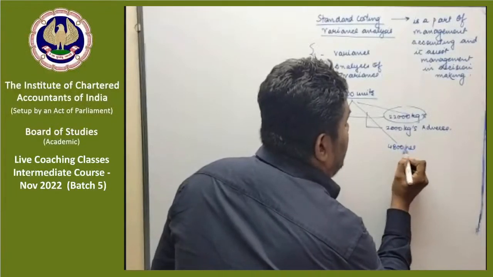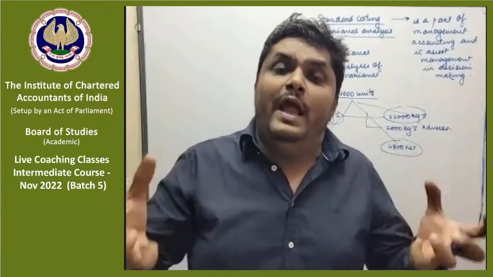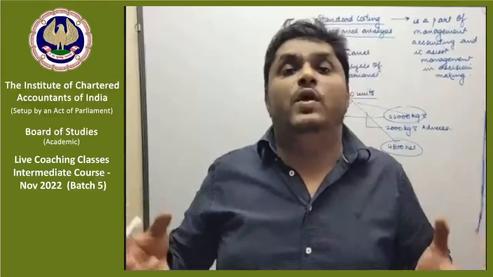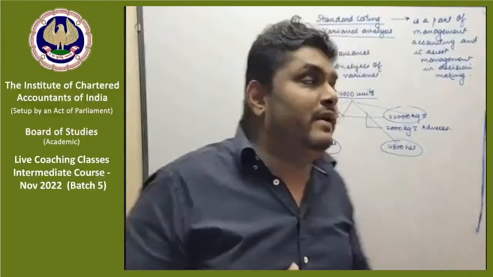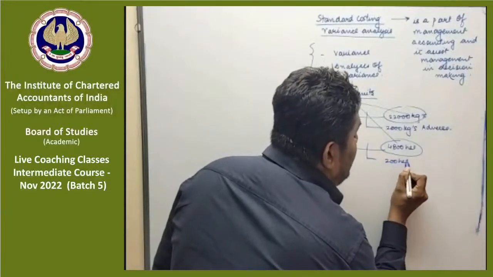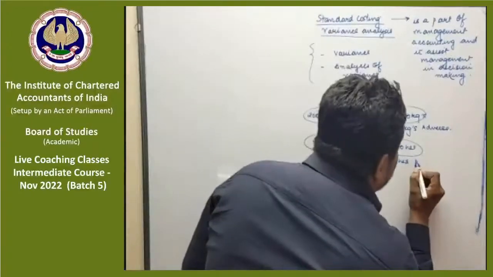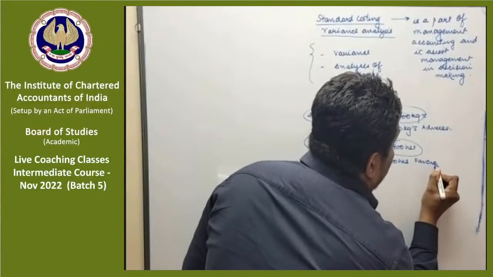It means what? My worker did well. They worked efficiently and instead of 5,000, my work was completed in 4,800 hours. It means we did a good job and we saved 200 hours. We saved the cost of 200 hours. So we call it as favorable for the company.